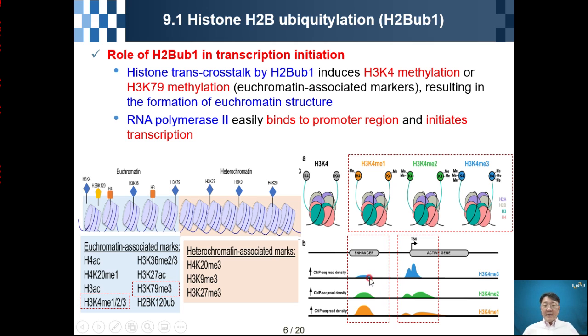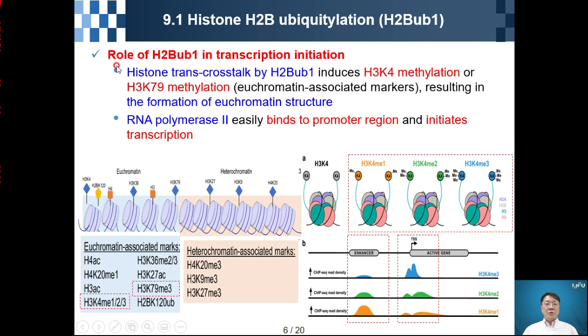It means that this methylation can result in the formation of the euchromatin structure. After that, RNA polymerase II can easily bind to the promoter region, so it can initiate transcription.